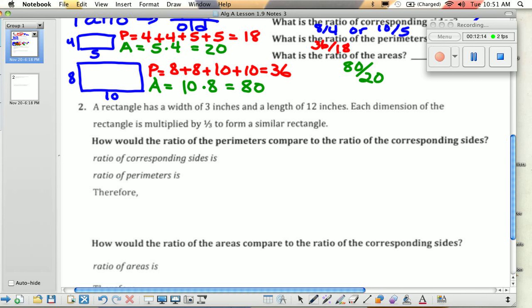Okay, so we have a rectangle that has a width of 3 inches and a length of 12 inches. Each dimension of the rectangle is multiplied by 1/3 to form a new rectangle. You know what? Let's write what the scale factor is.